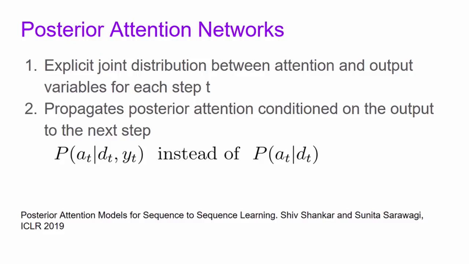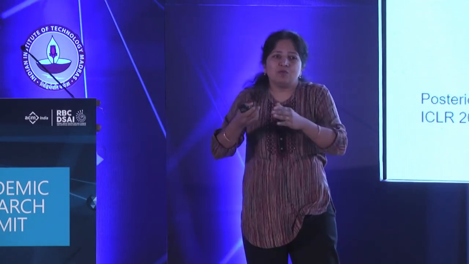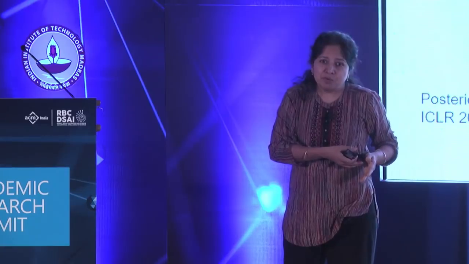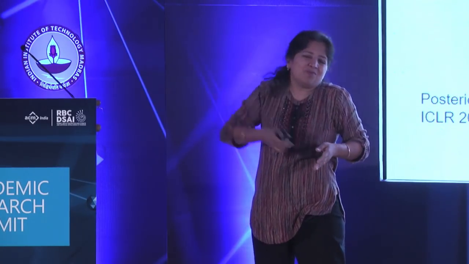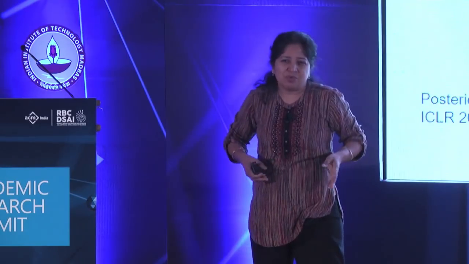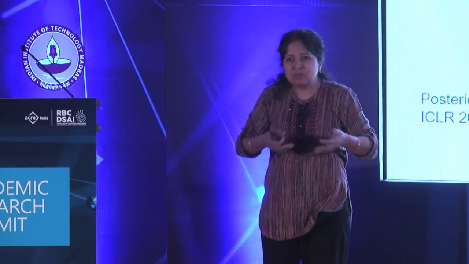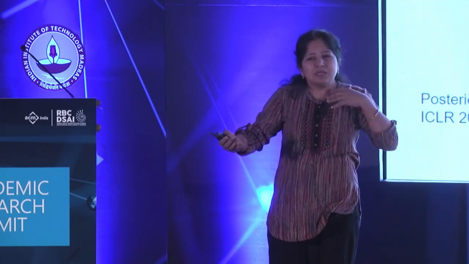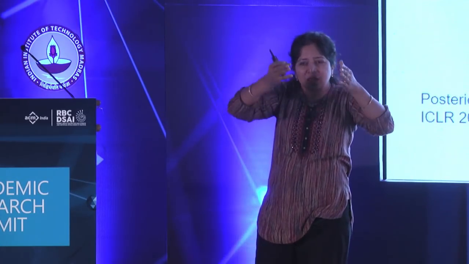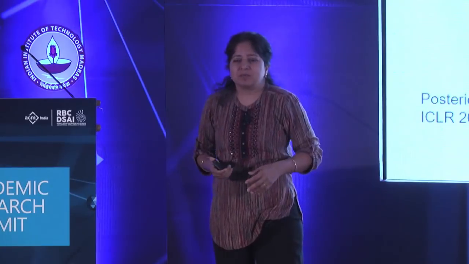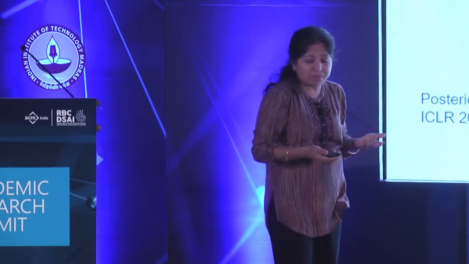So while generating the third word, if I looked at the 10th word in the input, then when I go to the fourth word, I should be hovering around the 10th word in the input because of the continuity of language. So there is strong coupling between attention distributions across adjacent positions. So you want to couple them better.